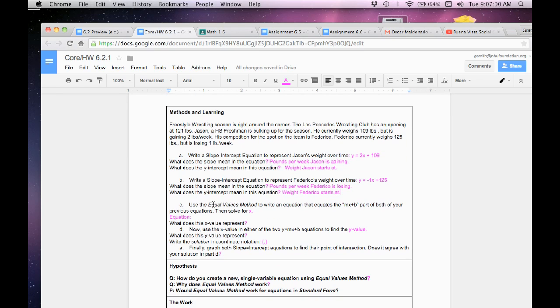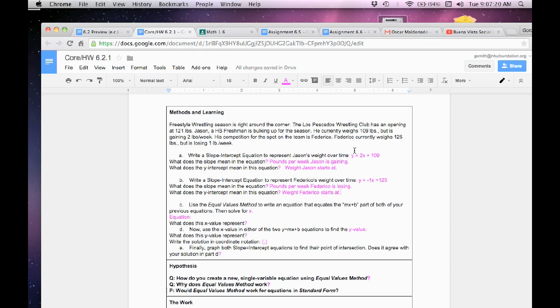Okay, now we're going to use the equal values method to write an equation that equates the mx plus b part of both of your previous equations. Then solve for x. So basically, if this is the y, then this is the mx plus b. And if this is the y, then this is the mx plus b here.